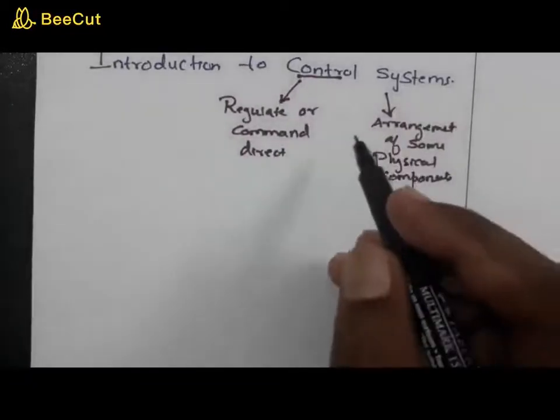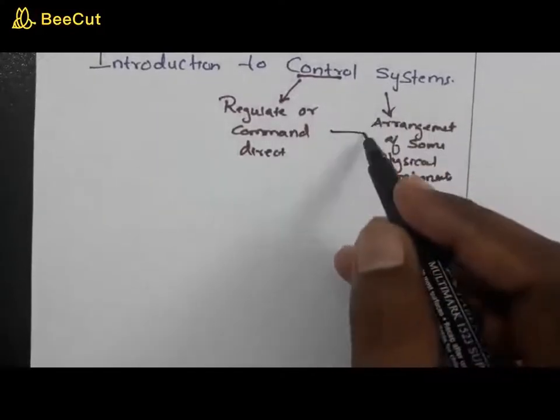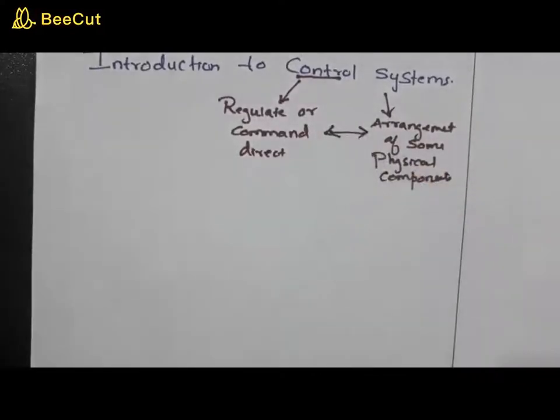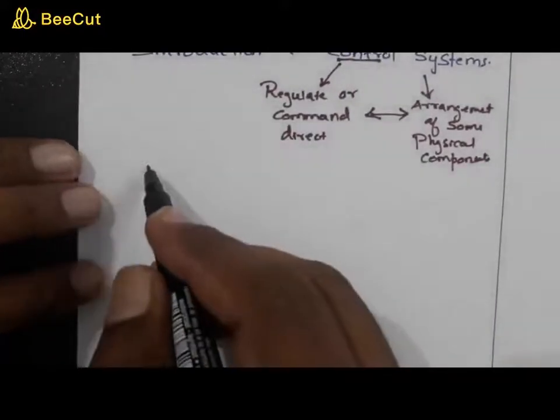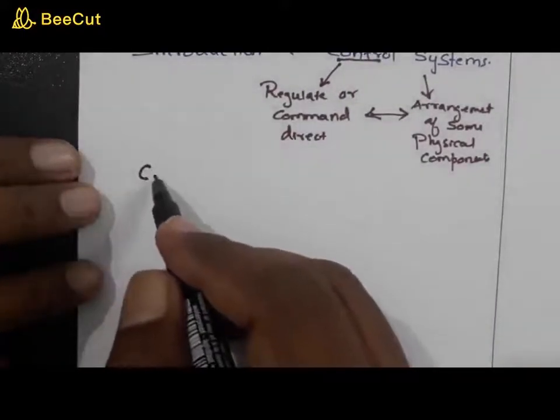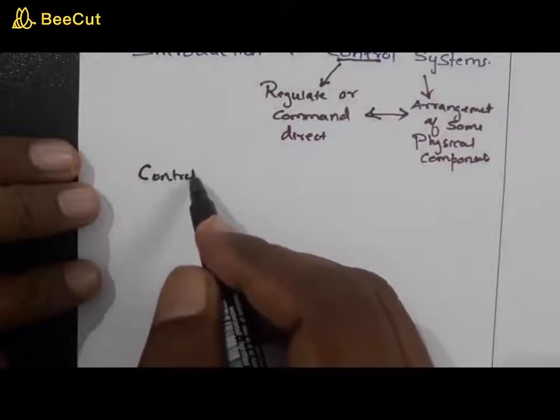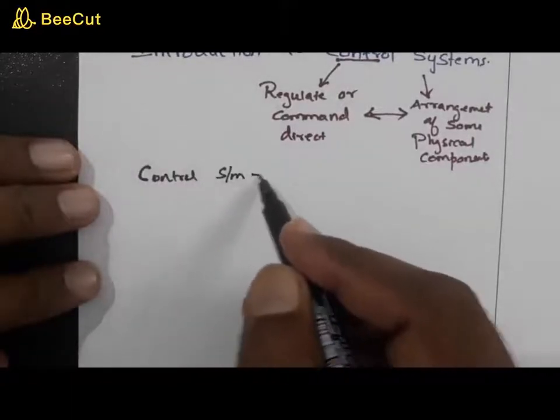Now to understand control system, we combine these two. When you combine these two, how do you define the control system?